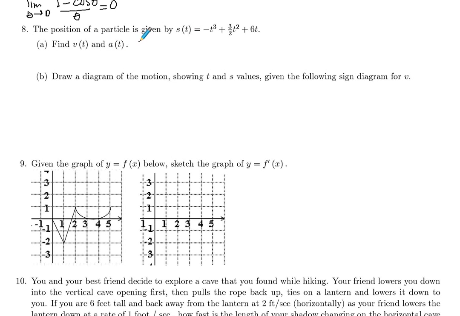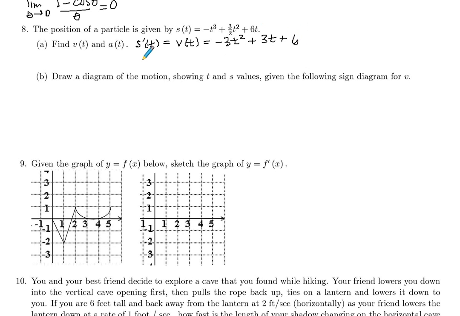So s prime of t, the first derivative, is equal to the velocity function v of t. So that's going to be, 3 comes down in front, negative 3t squared plus 2 times 3/2. The 2's will cancel, so we'll get 3t plus derivative of 6t is 6.